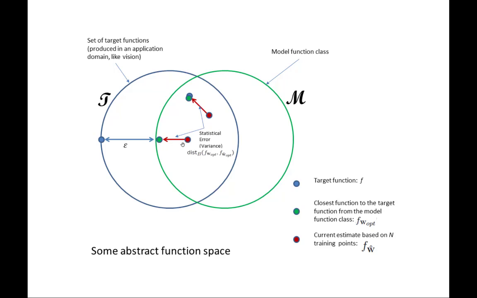And this is called statistical error or variance, and it's the distance between the optimal model out of the model class and the ones which I'm currently estimating. And this we will discuss later, so this is not so much the concern of this lecture. We are more concerned with the blue distance.